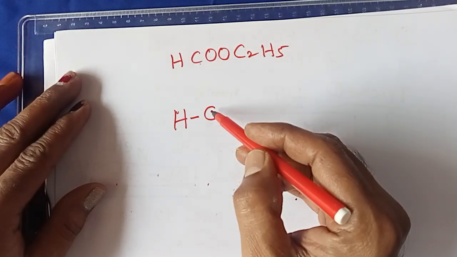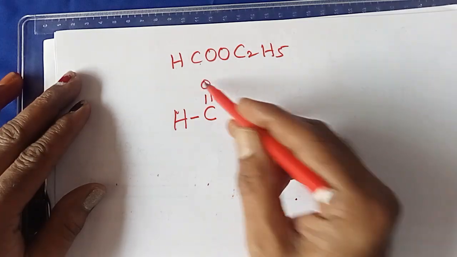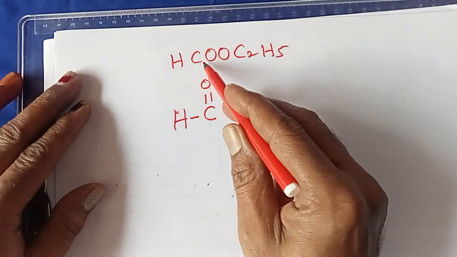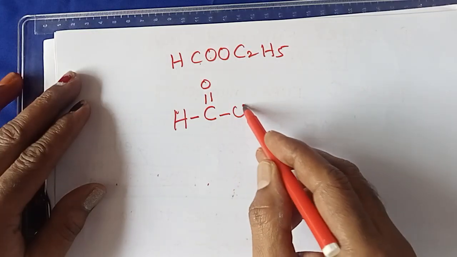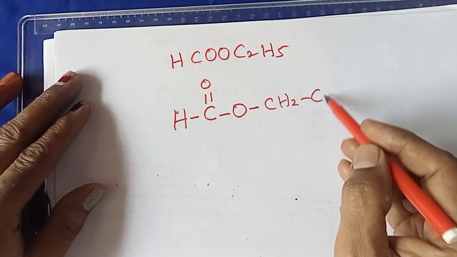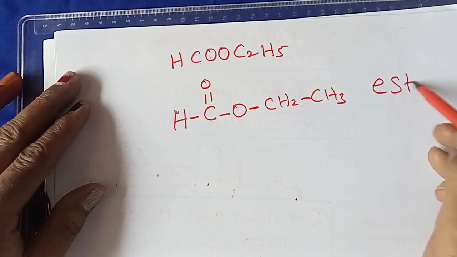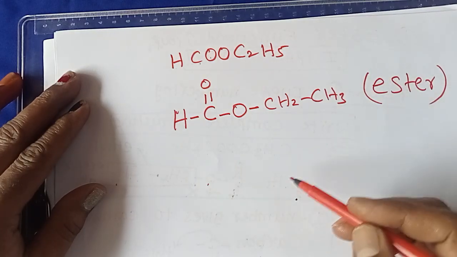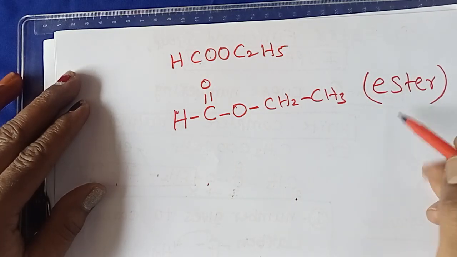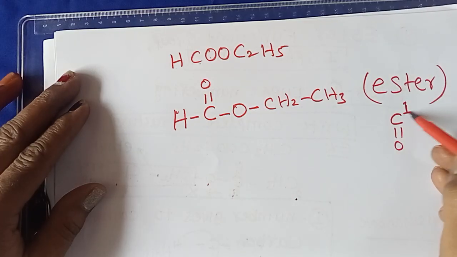The 2 oxygens are important: one oxygen with a double bond, and this oxygen with a single bond. The C2H5 is CH2, CH3. This is the identification: ester functional group identified. In an ester functional group, you must immediately know that the C double bond O carbon is number 1 in IUPAC. This is the main point, star mark.